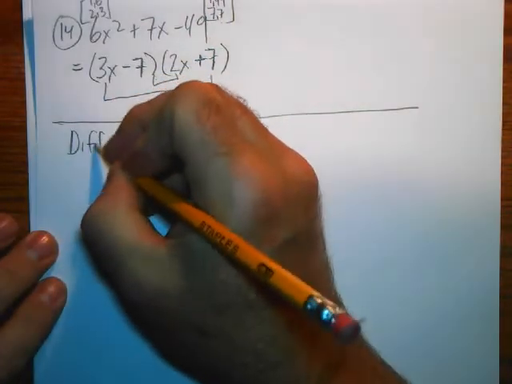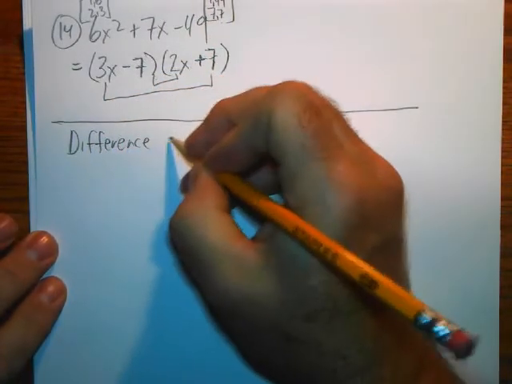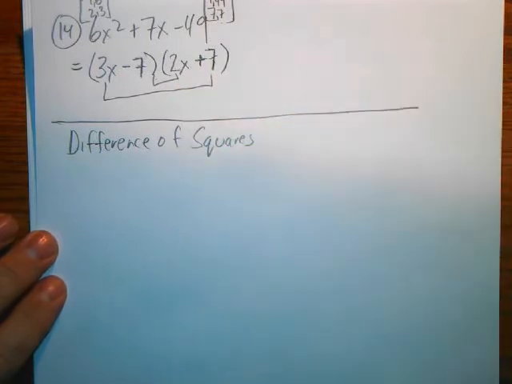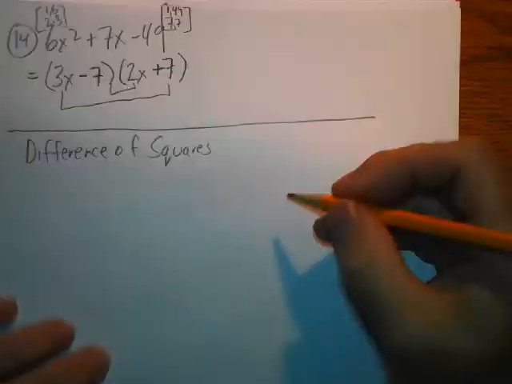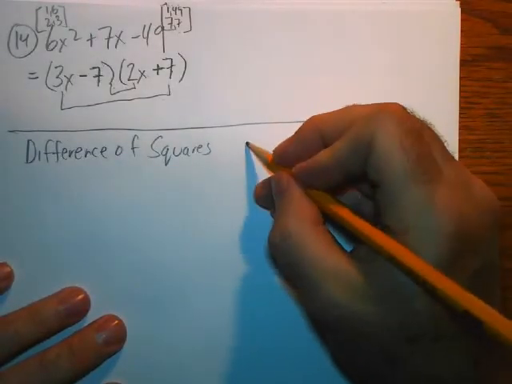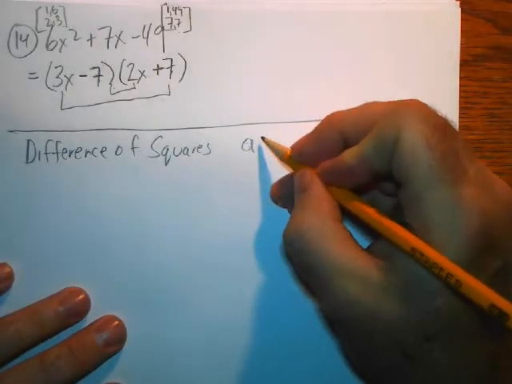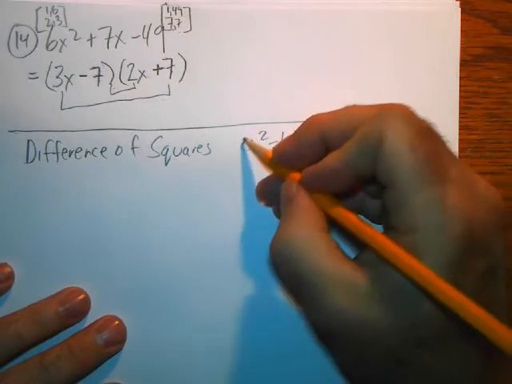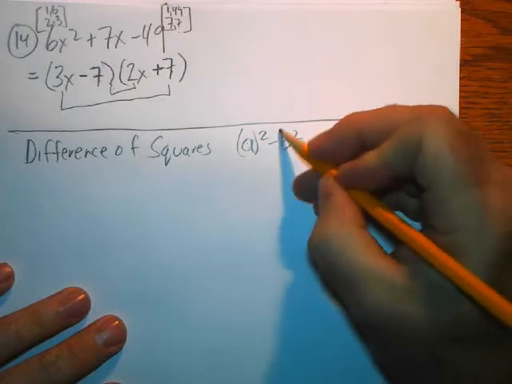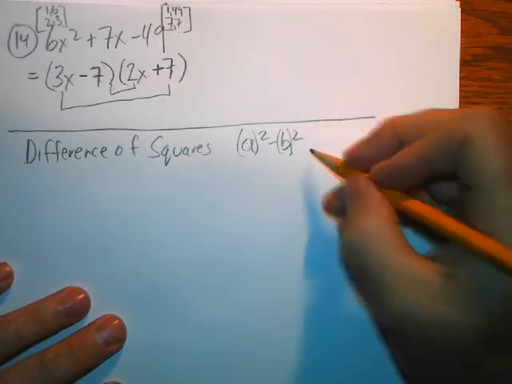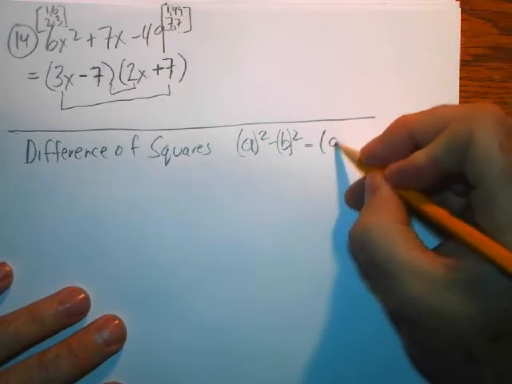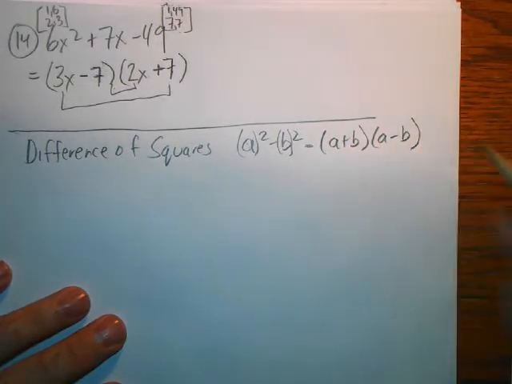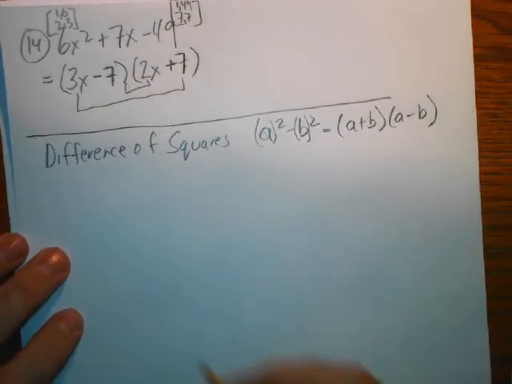So rather than show you where it comes from, well, if you had something that looked like this, a squared minus b squared, I'll put brackets around there, just the factors of that are going to be a plus b, a minus b. Okay, so let's do a few examples. Start with something simple.